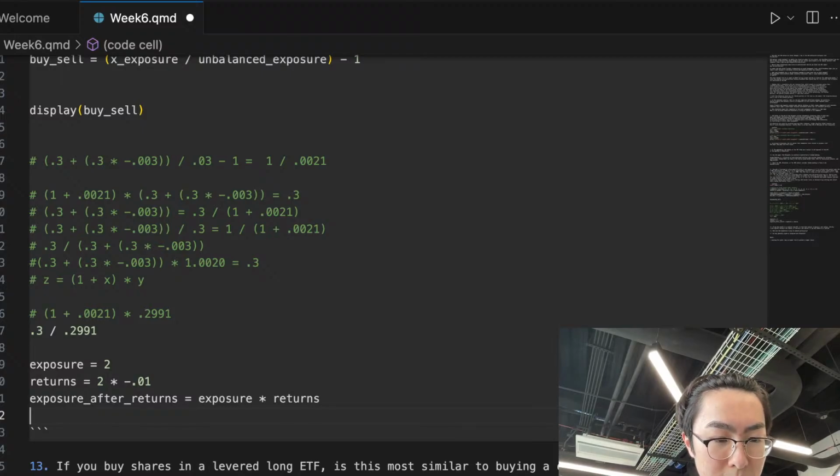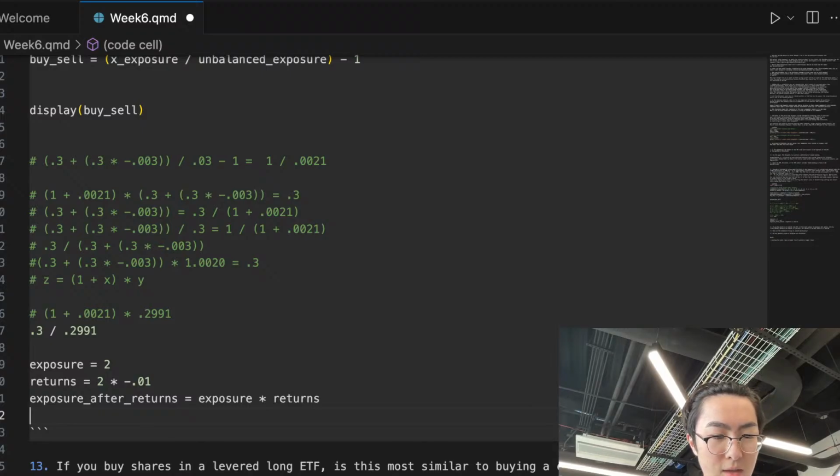So it'll be negative 0.02, and x plus x is equal to 2. Negative 0.02x, I wanna say that. Oh, it will be 0.98x, sorry. x is equal to 2.